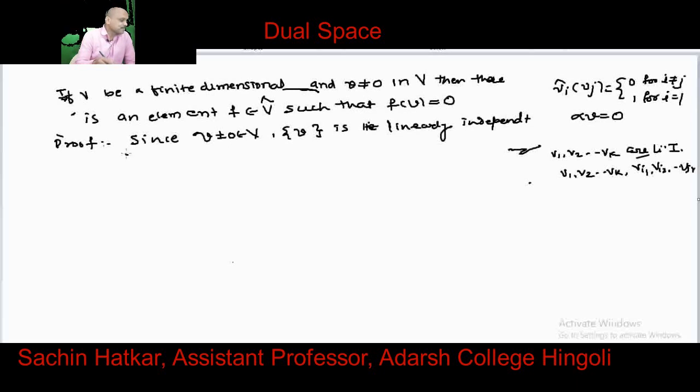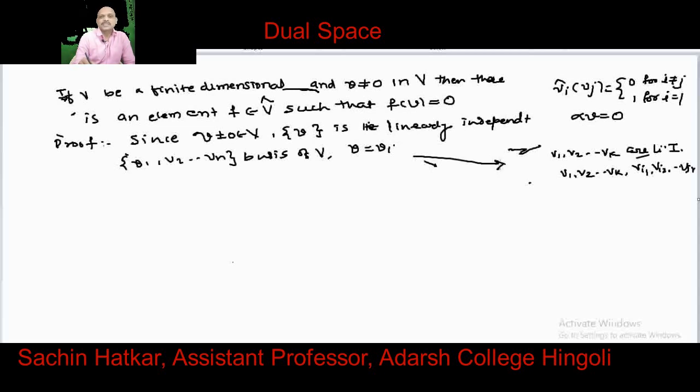Suppose this extended set V1, V2, ..., Vn is a basis of V, where v equals V1, the first element. As v is linearly independent, by applying this theorem we have extended it up to n elements, where V1 represents v.